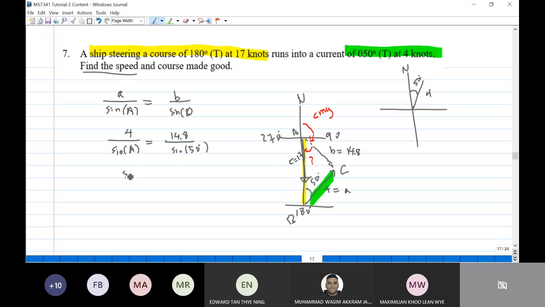So I get sine A equal to 4 times sine 50 over 14.8.